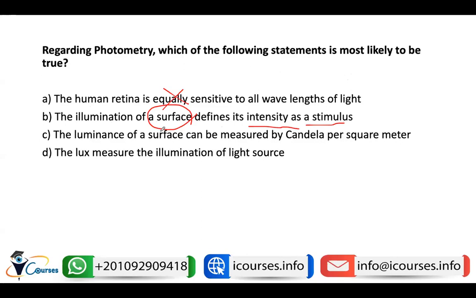Some photometric measures describe the source of light, the amount of light energy emitted from the source. And there are other terms that describe the light reflected on the surface.